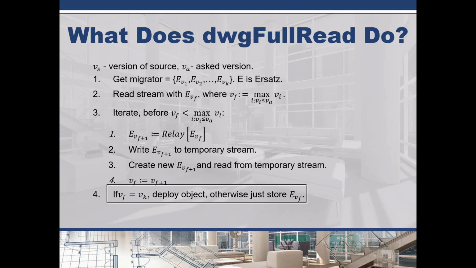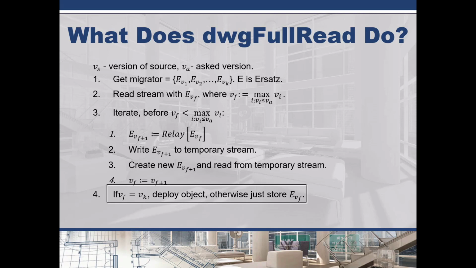And now there arises a question: how does reading to a certain version work? First, the dwgFullRead function of the object is called, and dwgFullRead gets the core of the ersatz. The stream is read by the ersatz with the closest lesser version to the version of the stream. With the help of relay, we get the ersatz of the next version.